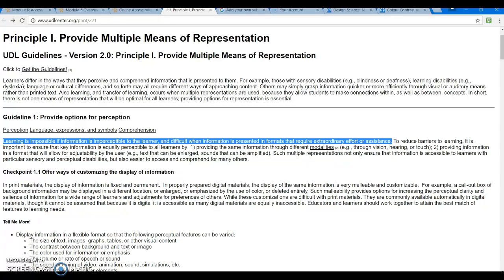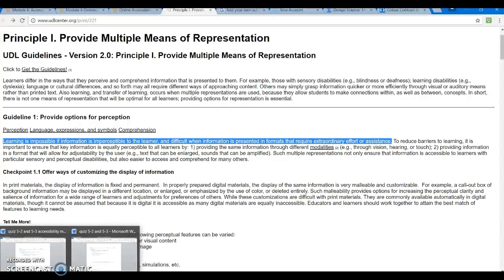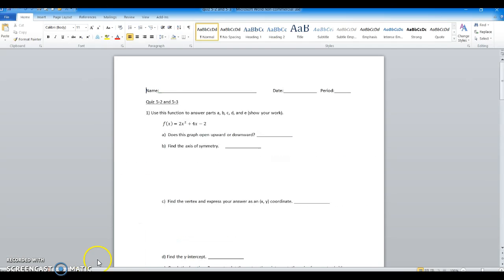So the first file that I'd like to talk about with you tonight is a quiz that I just created a couple weeks ago, and this quiz covers quadratic properties as well as some factoring.